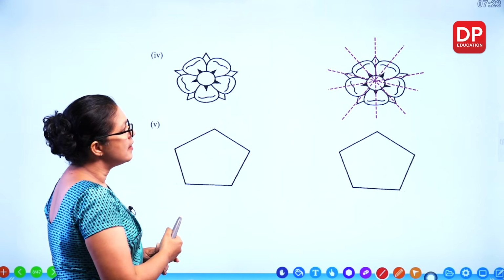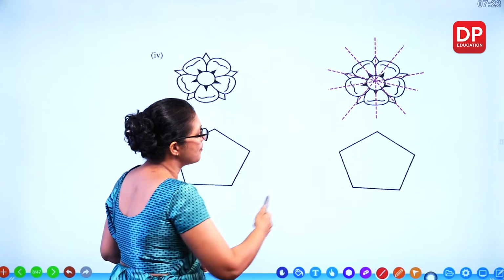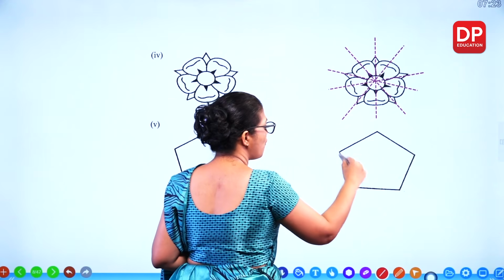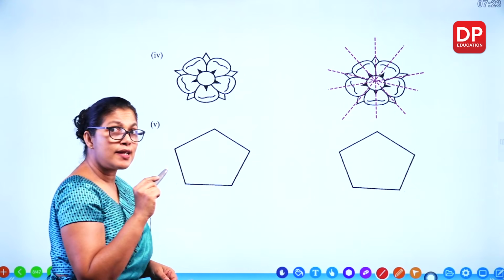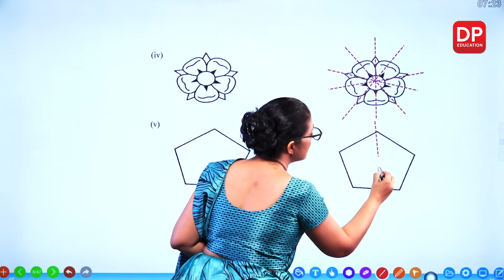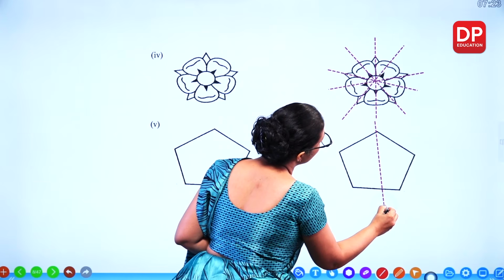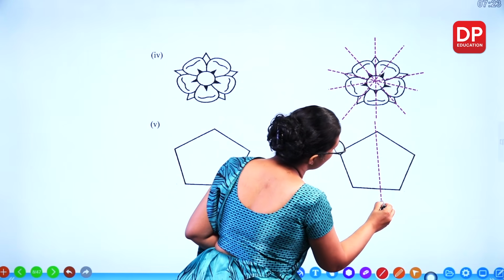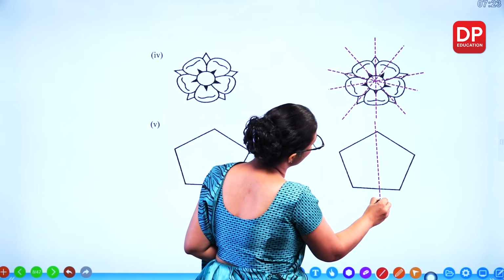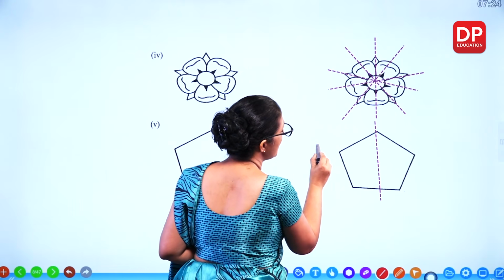5 lines. This shape, what's that? 1, 2, 3, 4, 5. A 5-sided polygon, pentagon. You can draw a line here. What about this way?